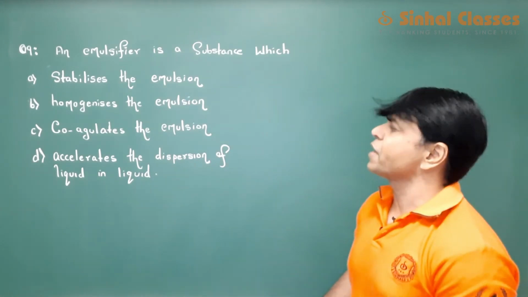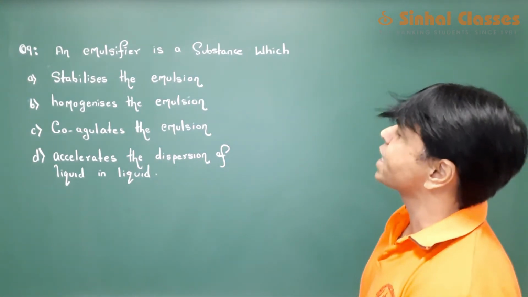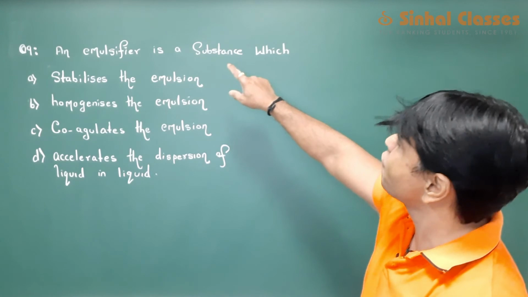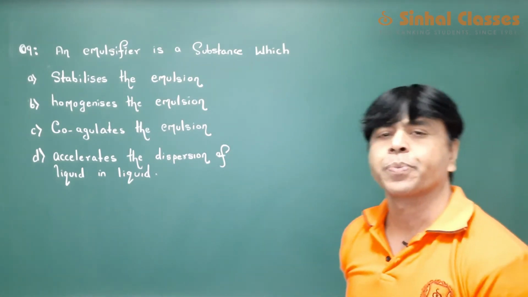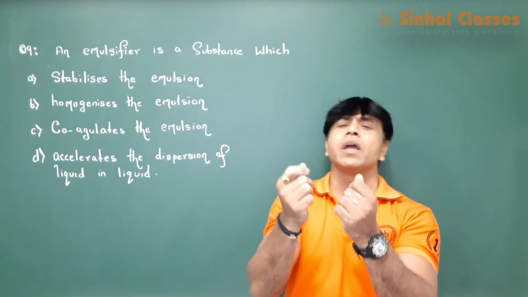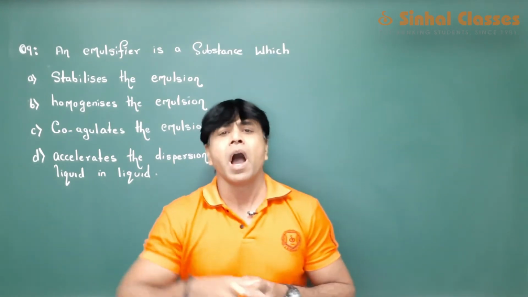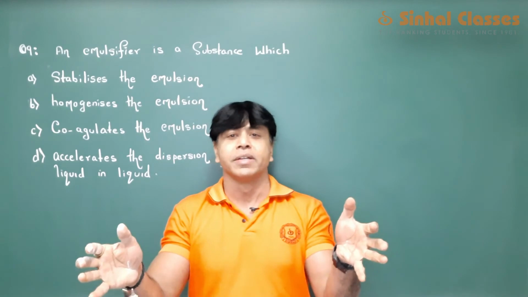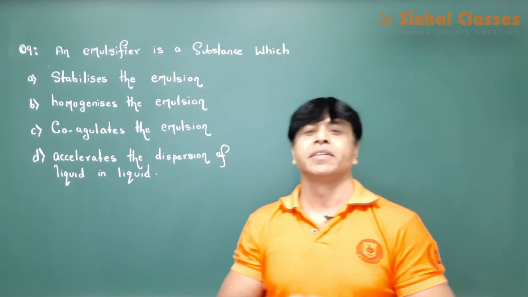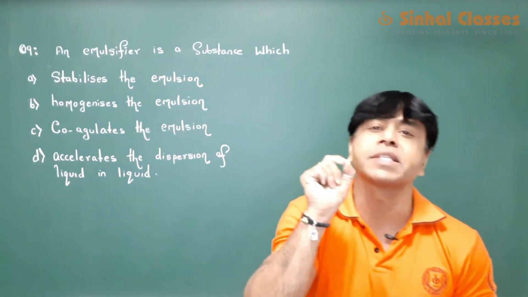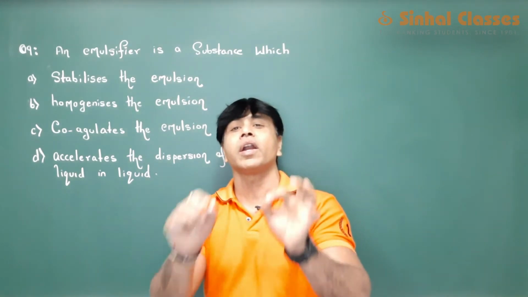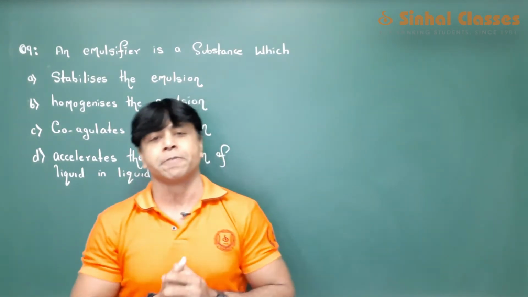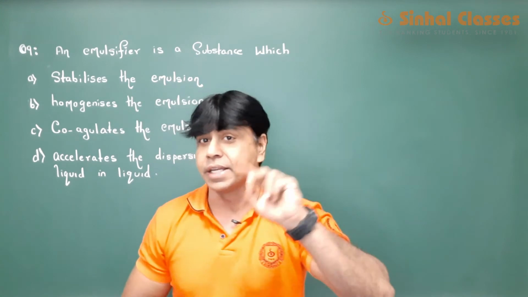Student, have a look at a very simple question. It says an emulsifier is a substance which, what is an emulsifier? A substance which we add in an emulsion to stabilize it is called as emulsifier or emulsifying agent. They are of 2 categories.